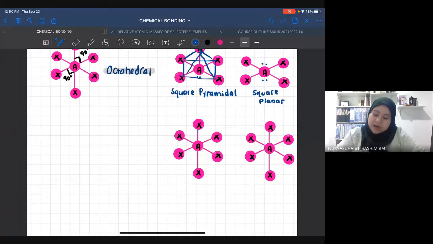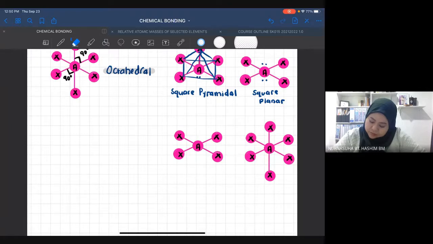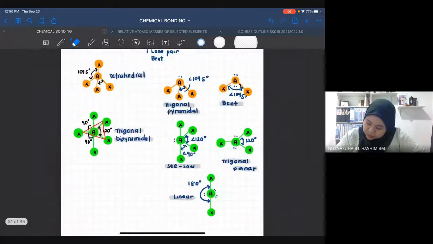Okay, what if I have 3 lone pair? Oh, tadi Madam rasa ada satu lagi.